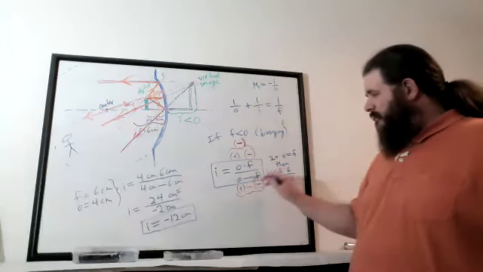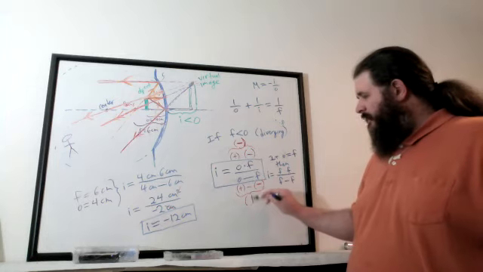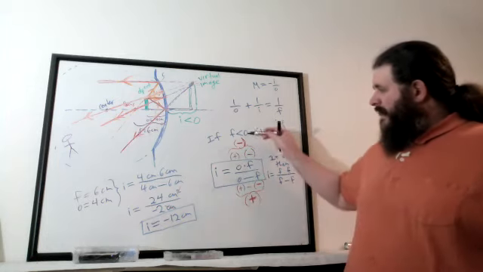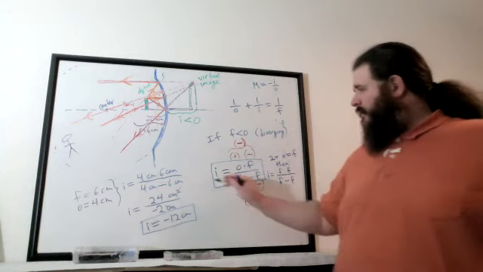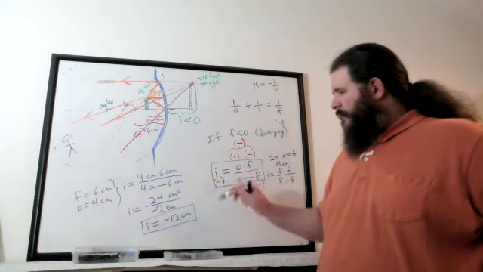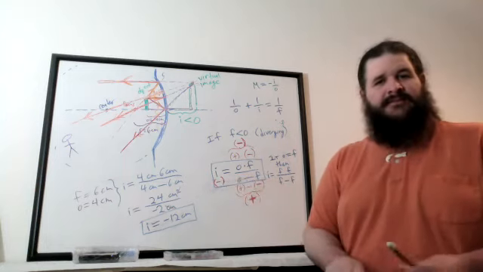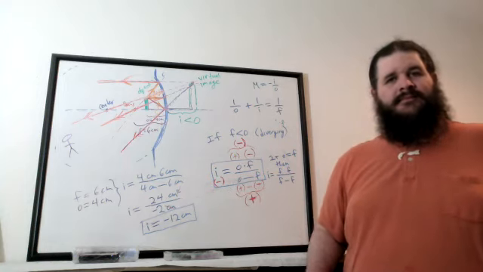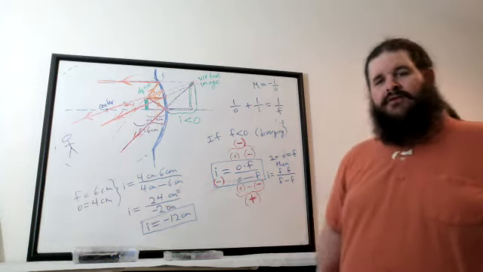So a positive plus a positive just becomes more positive. So overall for the image, we get a negative divided by a positive. That's going to be a negative result. Which means what kind of image? Virtual. Yeah, a virtual image.